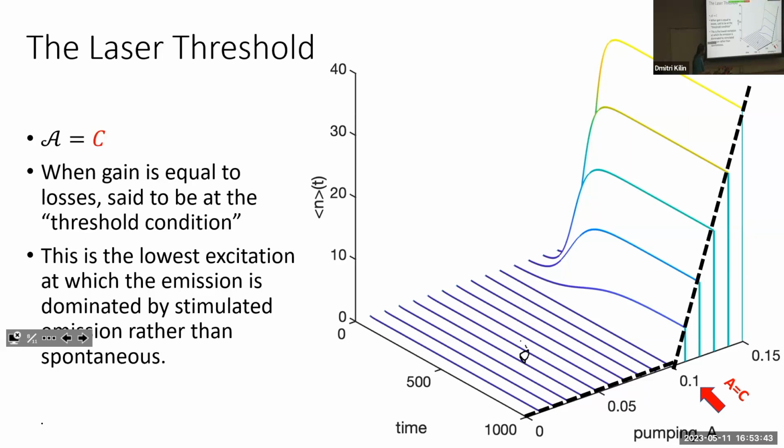After that, the amount of photons in our laser grows quite rapidly. So we have a nonlinear production, hence the threshold condition. It's the lowest amount of excitation at which the emission by the laser is dominated by stimulated emission from the field and relaxations rather than spontaneous emission, like just a light bulb.